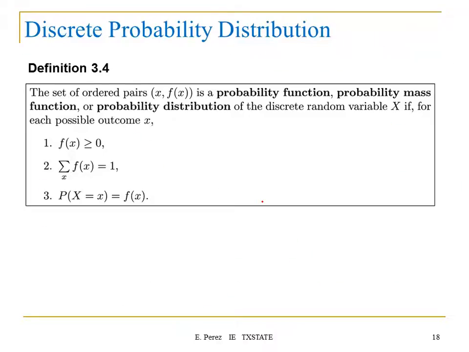If you evaluate that function for one value of x and it's not greater than or equal to 0, then you know that that is not a probability mass function or a probability distribution.